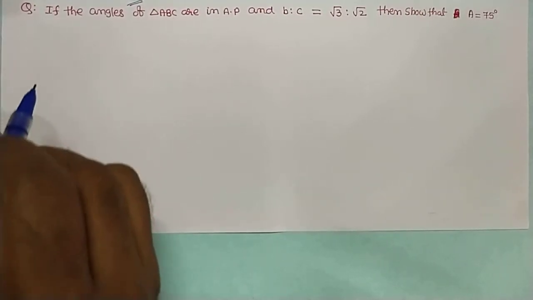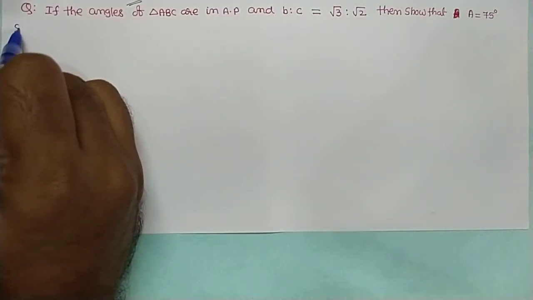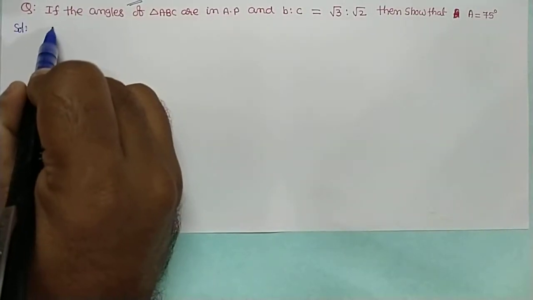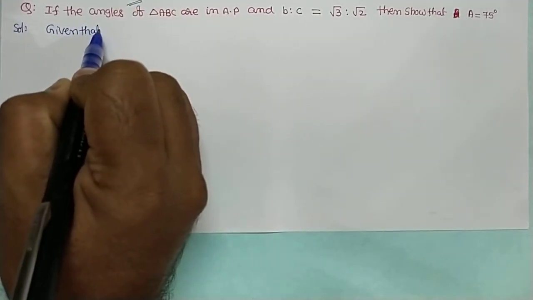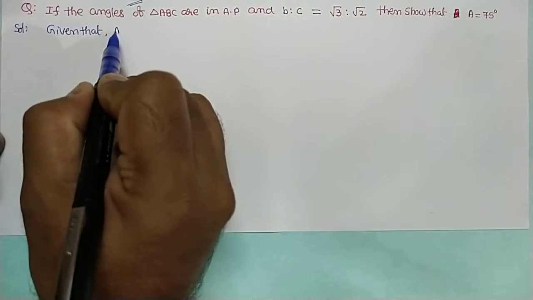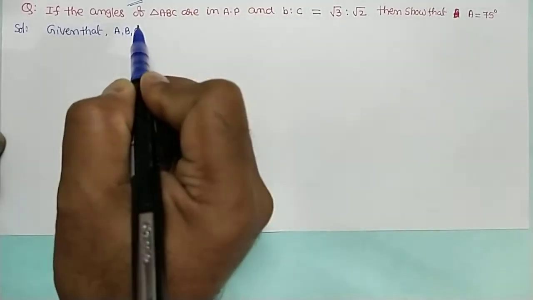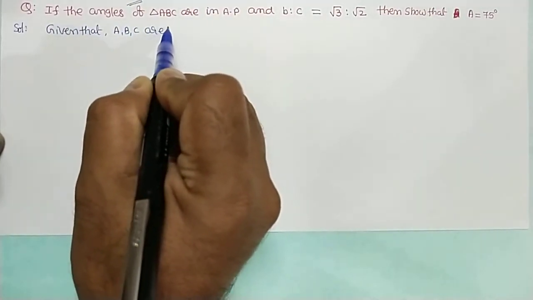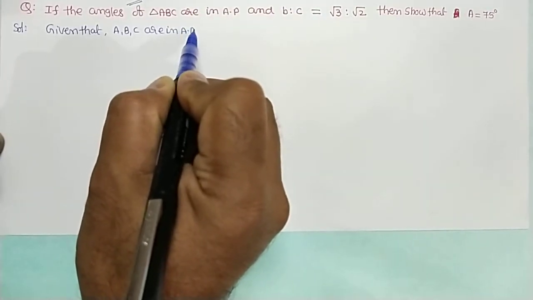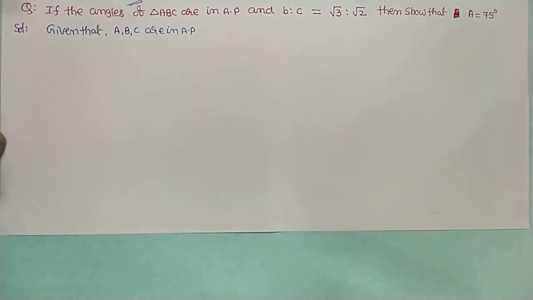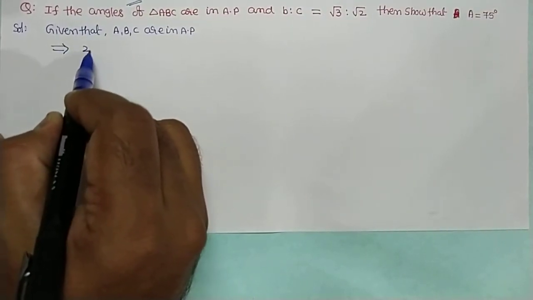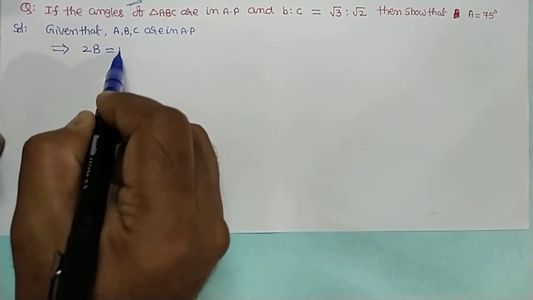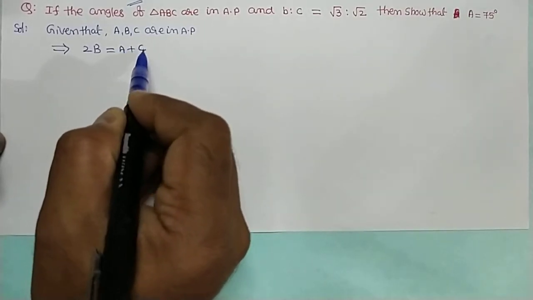Given that the angles in the triangle, capital A, capital B, capital C, are in AP. So whenever angles are in AP, we know that twice the middle equals the sum of the extremes. So 2B equals A plus C.